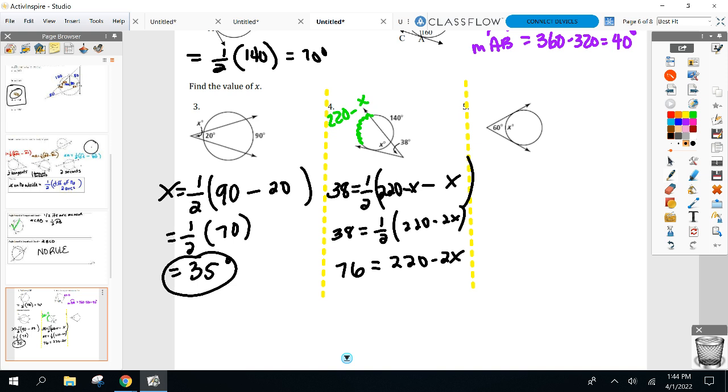And then you guys are good from here, hopefully algebraically. And hopefully we all end up at 72 degrees.